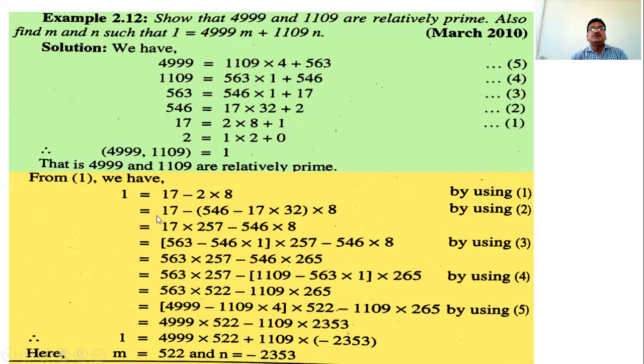And then write this as 4999 into 522 plus 1109 into minus 2353, and therefore m is 522 and n is minus 2353.